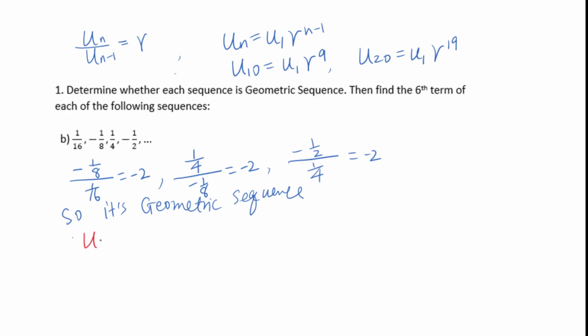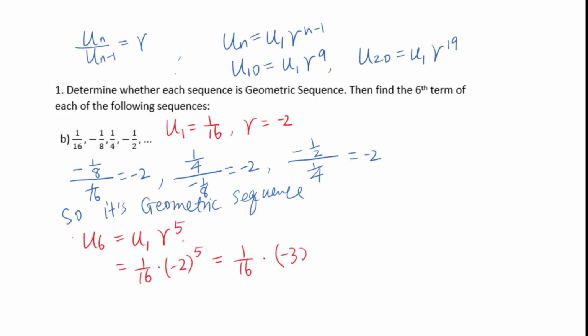So u₆ equals u₁ r to the 5th power. From the given sequence, we know u₁ equals 1 over 16, r equals negative 2. So we plug in: 1 over 16 times negative 2 to the 5th power equals 1 over 16 times negative 32 equals negative 2.